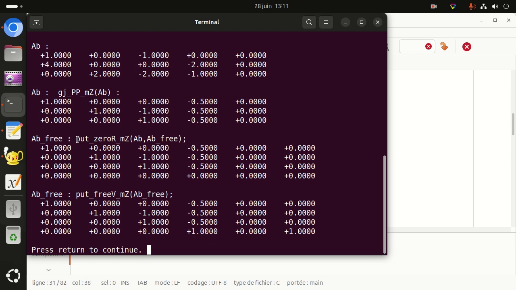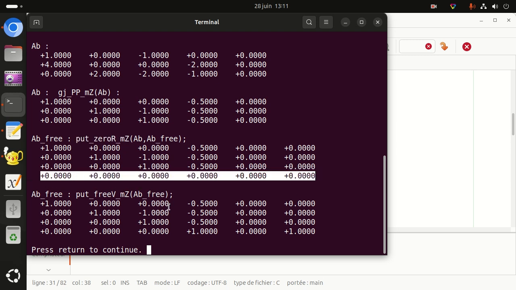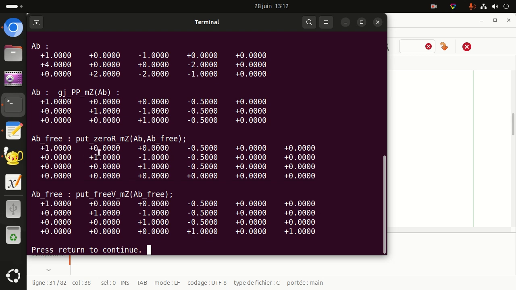So I call this function. This function puts a line of 0. Now I have 1, 2, 3, 4 columns. This is B and this is a new column. Now I have a system of linear equations with 4 lines and 4 columns. I can use Gauss-Jordan to resolve the system.